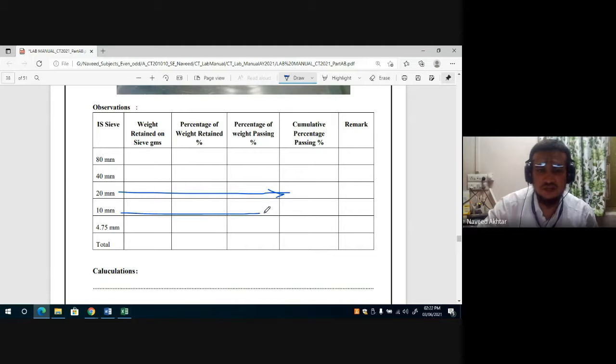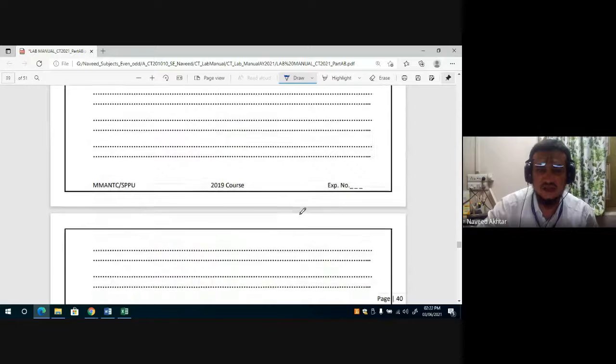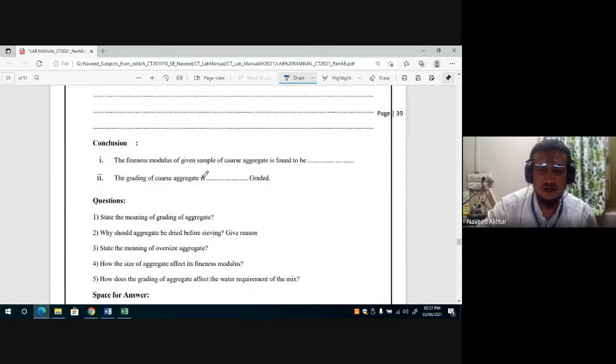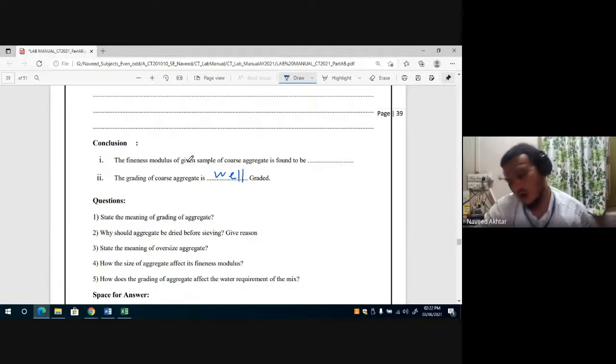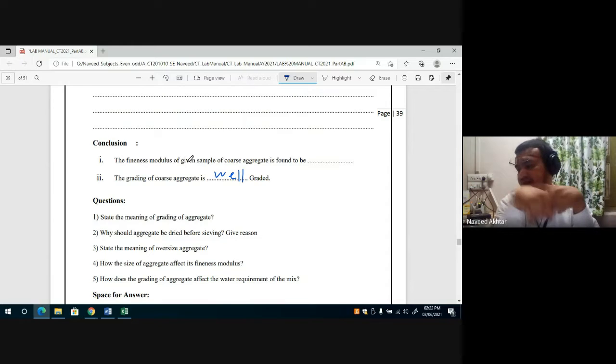With this passing percentage, if it is matching with your Indian standard table, then you will say that your aggregate is well graded. If it's not matching, if there is a gap, say any one of the particle sizes of 10 mm missing, then you will get gap graded aggregate.